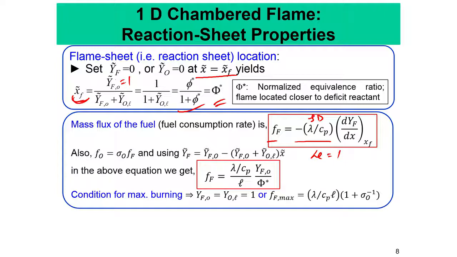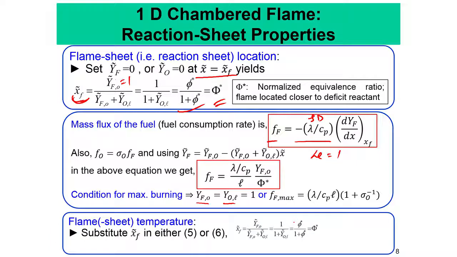Alright, so that is what we have obtained, and then we can also show the criterion for maximum mass burning: that is when yf0 is equal to 1, when you have pure fuel and pure oxidizer, then you have maximum burning. And the final thing is how to obtain the flame sheet temperature.